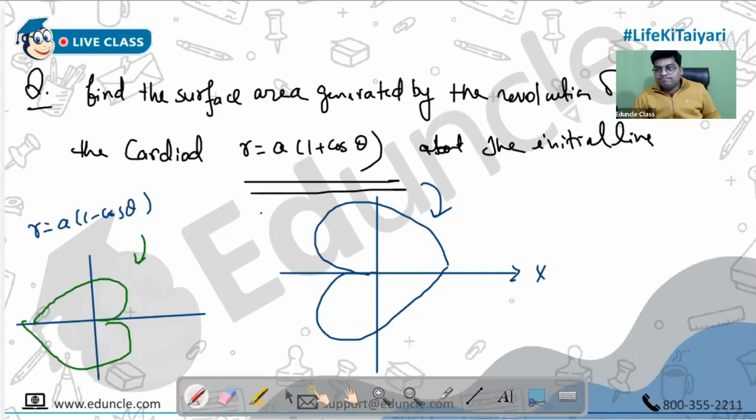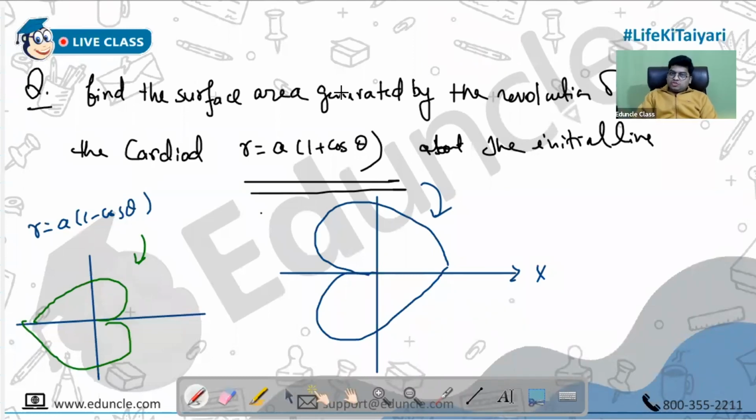0 to pi by 2? No. 0 to pi? Yes. 0 to 2 pi. Really, 0 to pi? Sure? Why not 0 to 2 pi? You have to take 0 to pi, no? Will you not take the full cover? Sir, we will not take it, it will automatically come, because it is geometry.